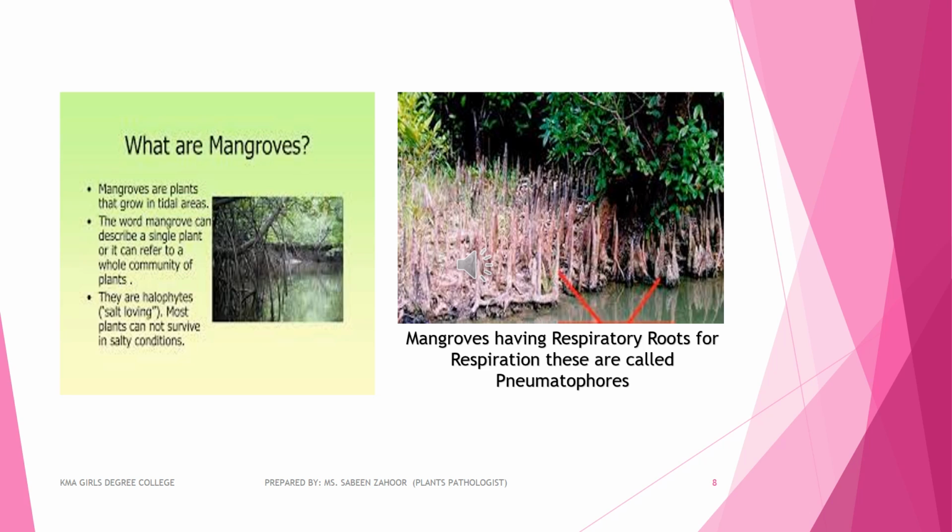These plants are called salt loving plants because they can easily survive in the presence of salt concentration. Whenever a plant needs water, it absorbs it from its environment, and for mangroves the environment is salty. So plants absorb salt concentrated water when the plant's internal environment is hypotonic and the external environment is hypertonic.